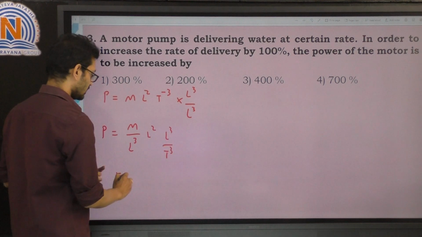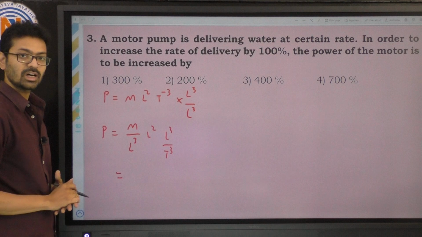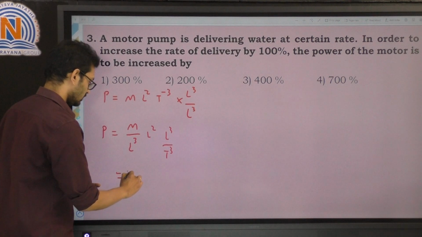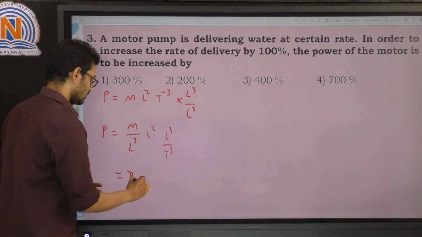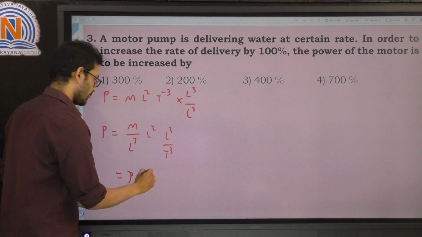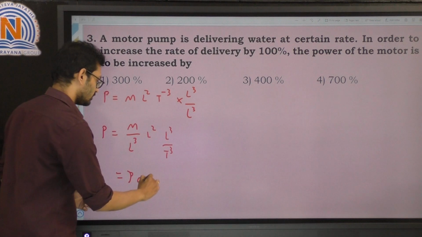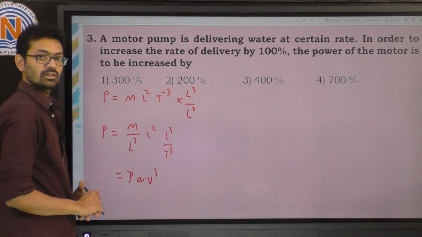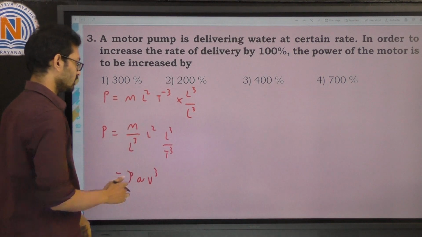Here you can convert it: mass by volume is density. L square is nothing but area. L cube by T cube is velocity cube. Distance by time, or displacement by time, is velocity.